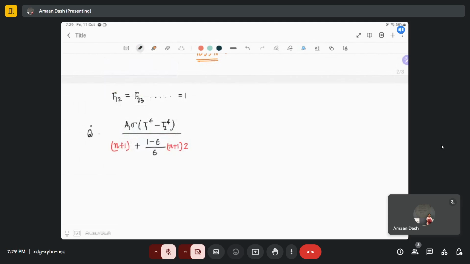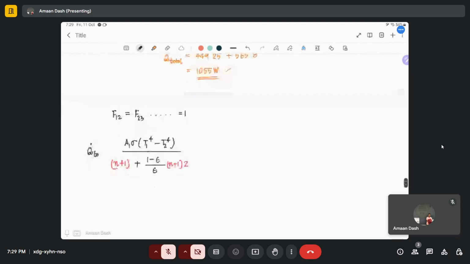It will be interacting with n minus 1 more shields. So if there are n shields, this one shield will be interacting with n minus 1 shields. Plus again we have two linings, so plus 2. So in total we have n plus 1 interactions. Correct.